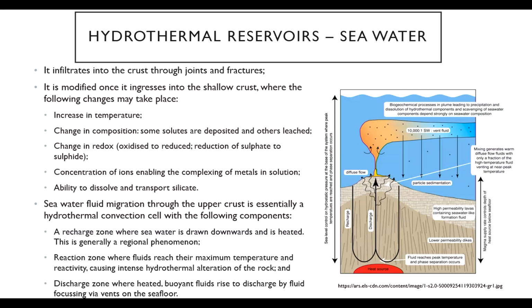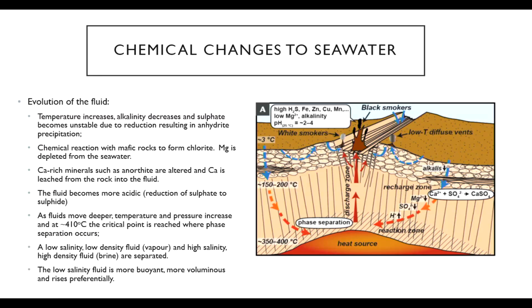It's dissolving silicates, and so we've sort of discussed this, how it circulates through, so I won't dwell on that process of how it's recharging and taking on base metals. And the fluid becomes unstable, we might form different minerals.